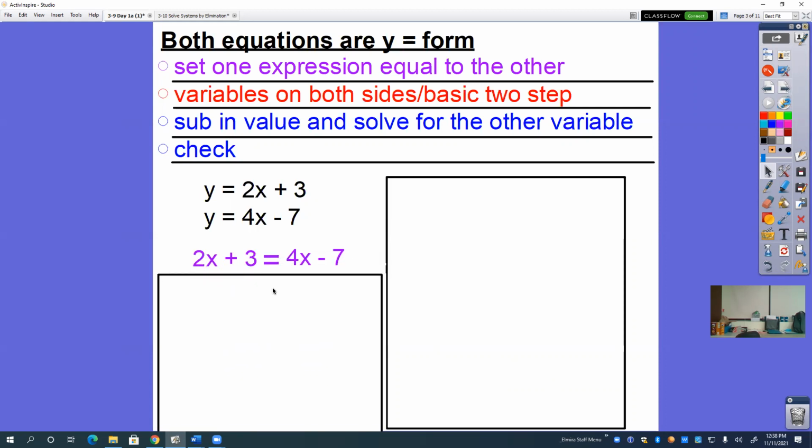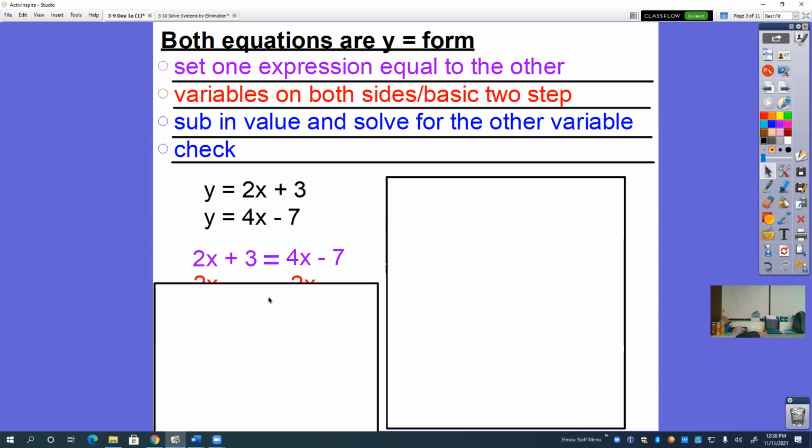So if y equals 2x plus 3 and y also equals 4x minus 7, then we can set them equal to each other. 2x plus 3 equals 4x minus 7. So now we have an equation set up with just one variable.